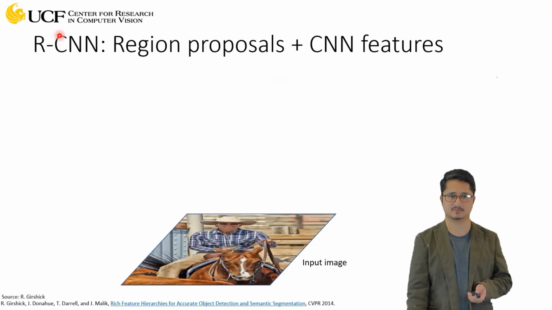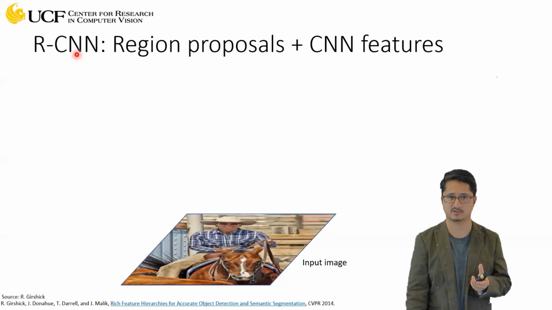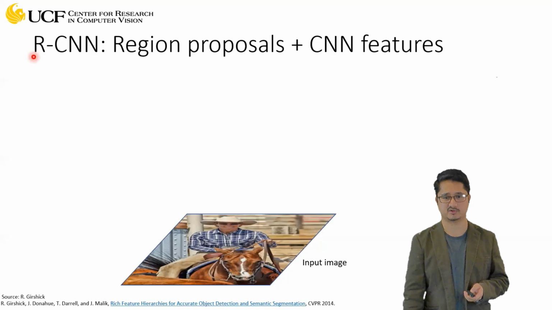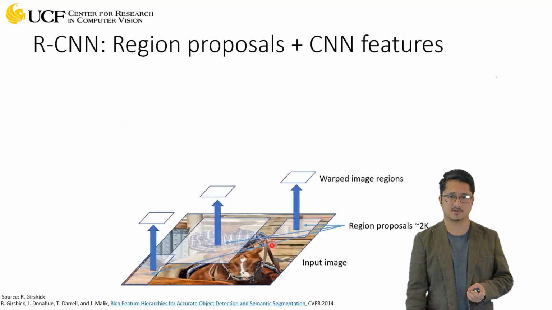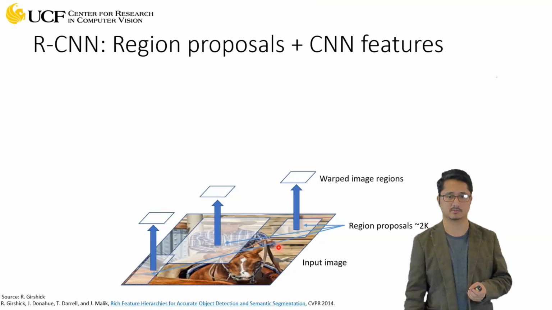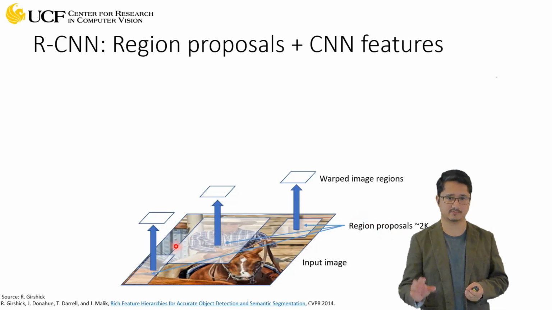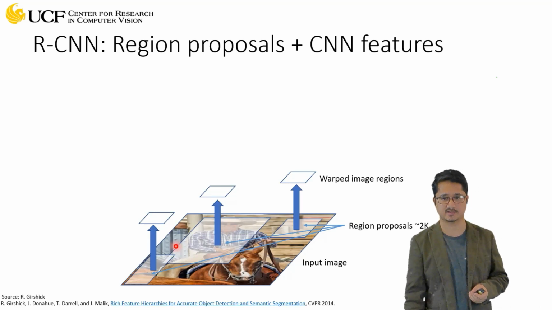CNN is because we are using features which are extracted by a CNN architecture, and R is because we are using subsampled region proposals. Now, given an input image, we first run that pre-processing algorithm, which will give you these region proposals. Okay, it will give you all the bounding boxes, possible locations with varying scales.